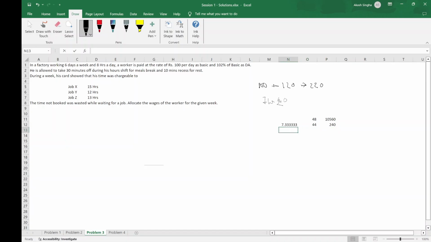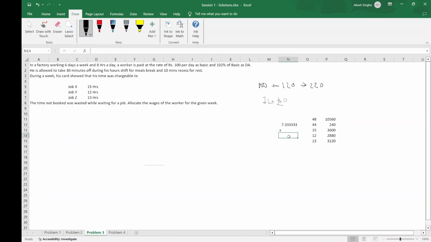Okay, now in this 44 hours, for X he did 15 hours, so it will be into 15. For Y it will be 12 into 12. 13. So 240 into 13.